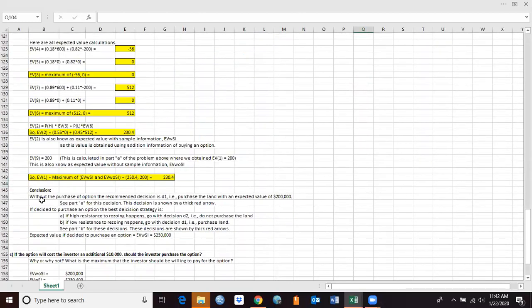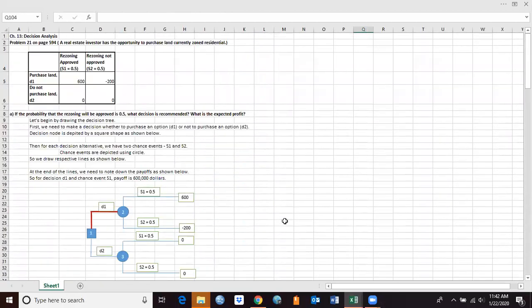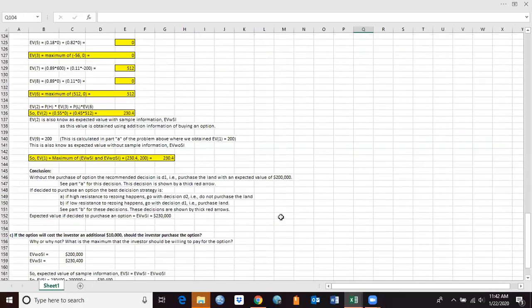So without the purchase of option, that is the first one here. Without the purchase of the option, if you don't want to know anything more about the market, then what should be your decision? Your decision is to purchase the land with the expected value of $200,000. You have to see part A above that I just showed you.